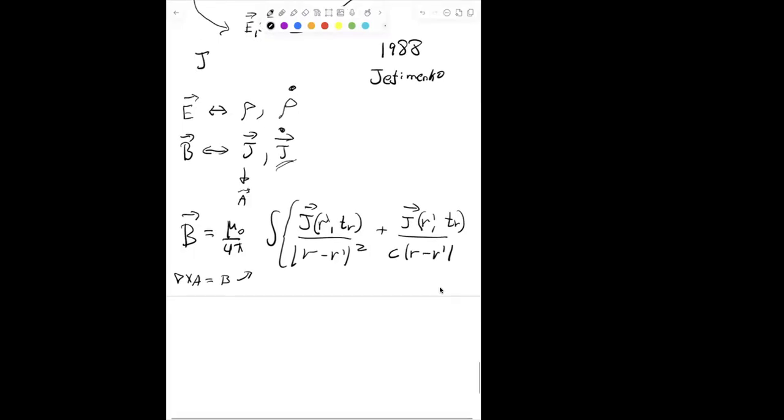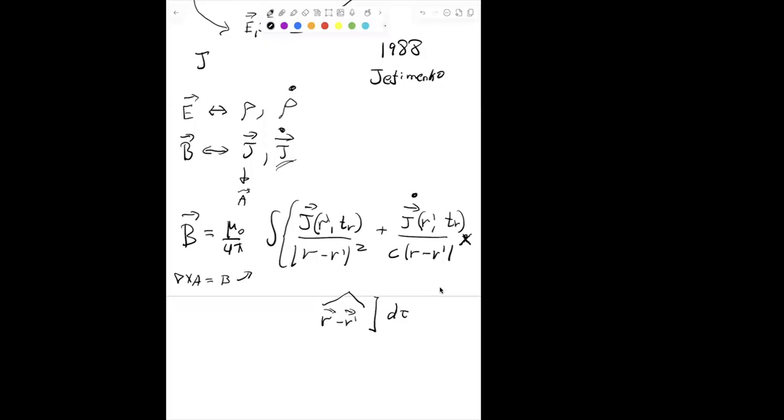Sorry about this, all this is multiplied, vector multiplication because it's for B, by the unit vector r minus r prime hat in this direction. All this is with respect to time, all this with respect to tau.